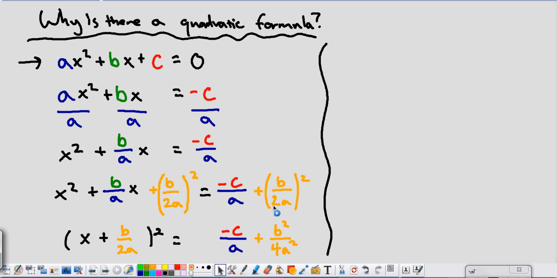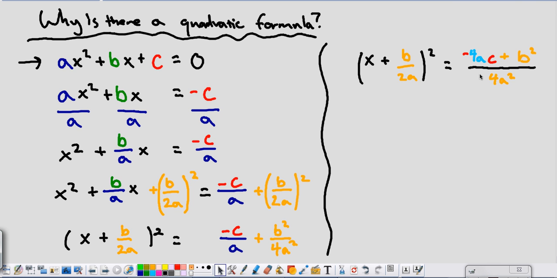Now the next step is we want to combine what we have on the right side of the equation so that we have common denominators, so we can have everything written as one term on top. So my left hasn't changed, it's x plus b over 2a all squared.